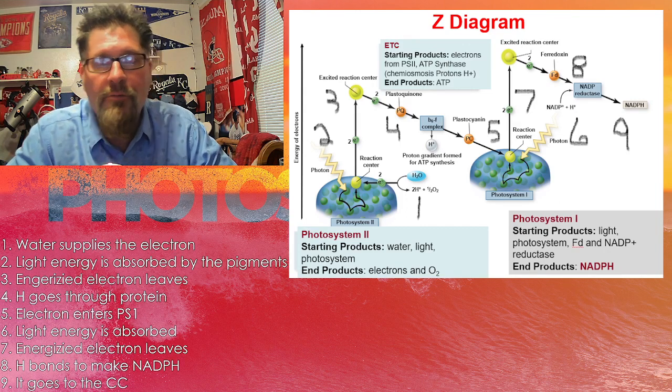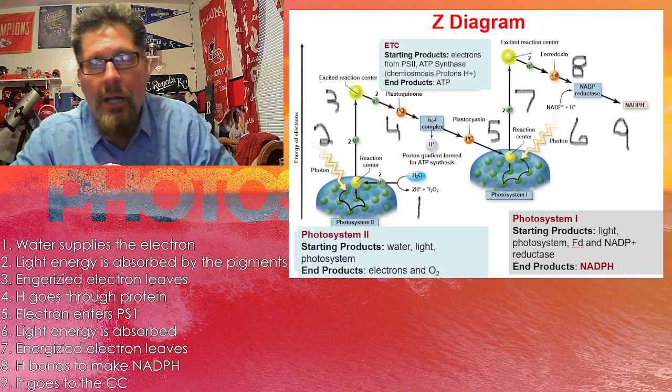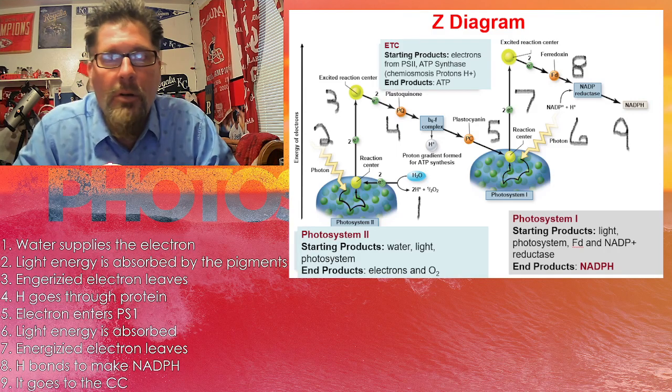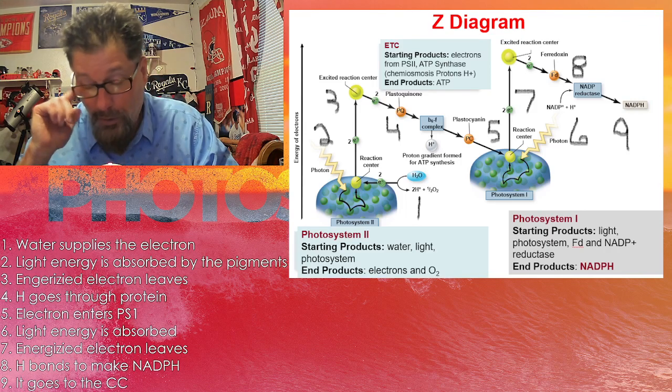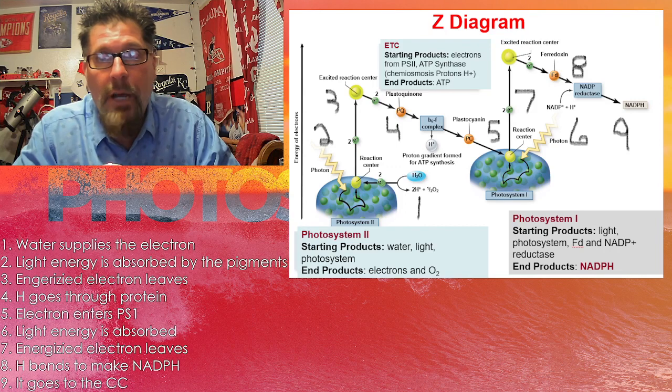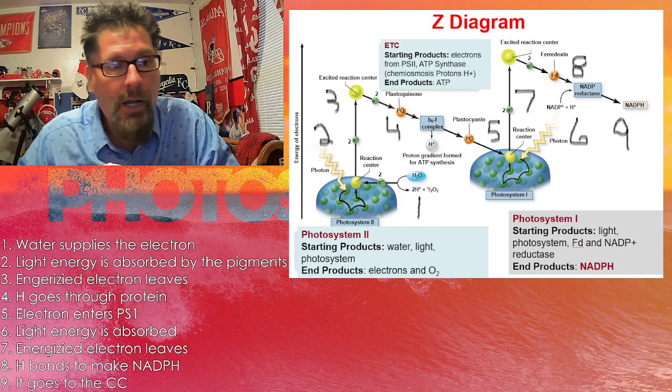So that is our formal description of the steps. So again, this slide will be very, very important, and of course it's also in the PowerPoint as well to look at. But those are your steps of the light dependent reaction.